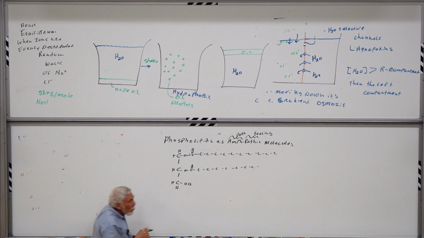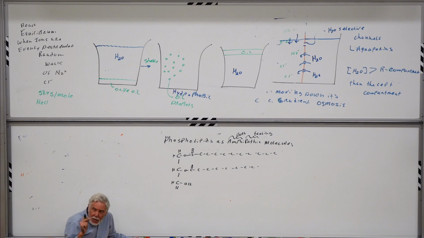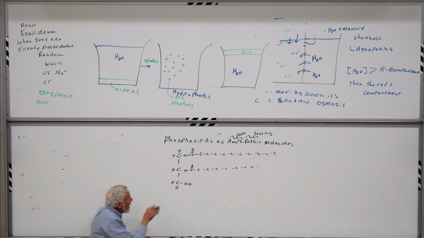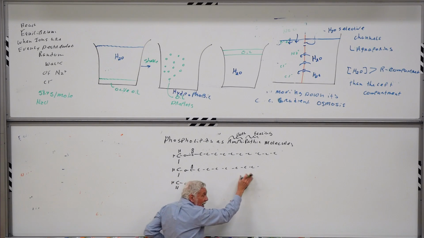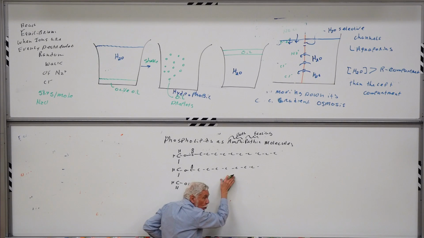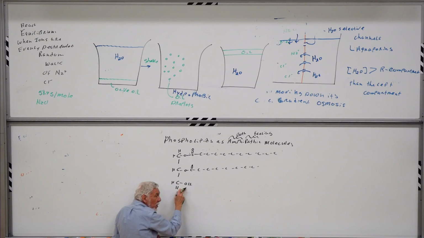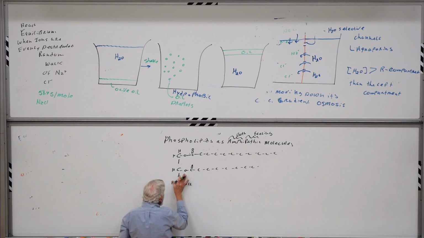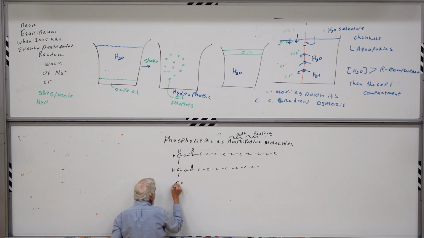But now on the number 3 carbon, we're going to do something a little bit different. Rather than linking it to this great long fatty acid side chain where there's no charge, we're now going to make a different linkage. Let's switch this around so I can work with it. Hydrogen, hydrogen. Now we're going to have a hydrogen here and an oxygen.